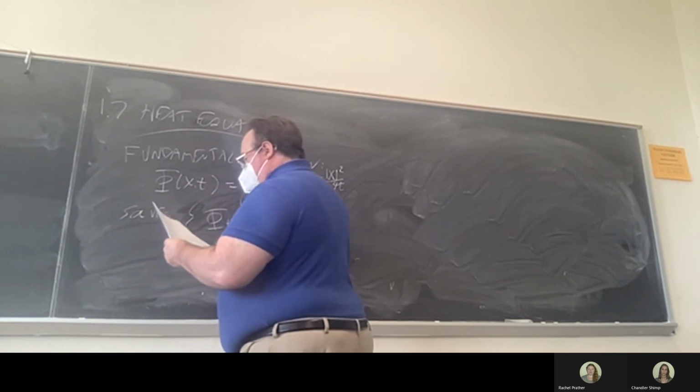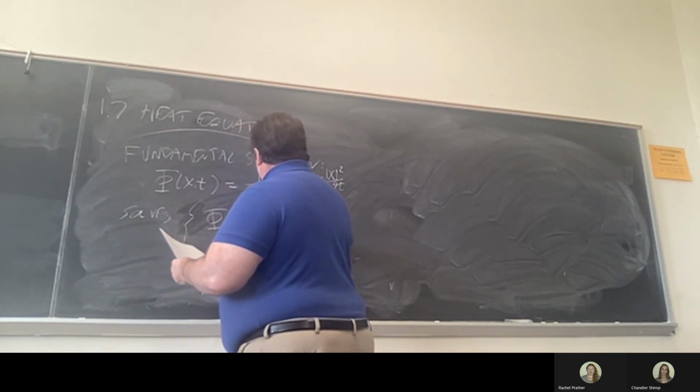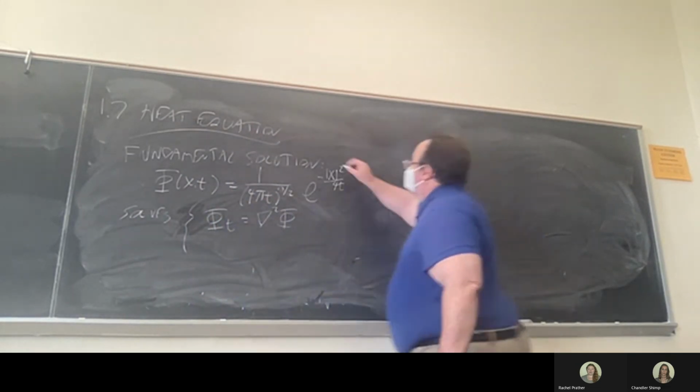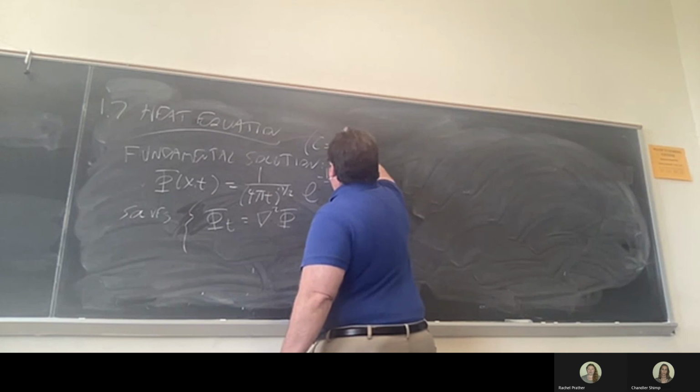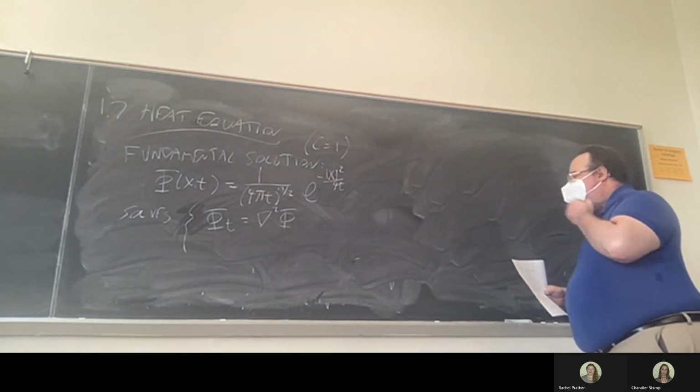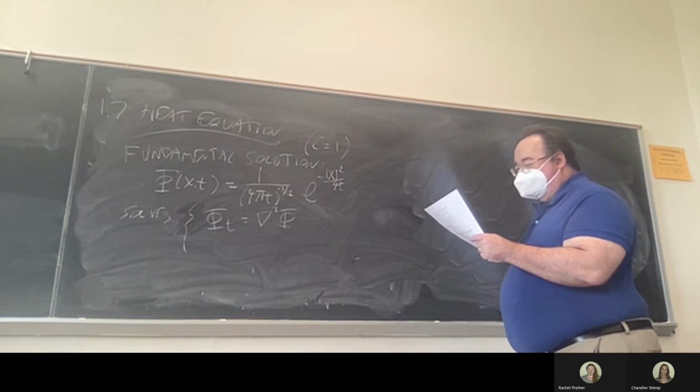Phi t is equal to, okay, here I've simplified things to make a change of variable, where this constant c is equal to 1, just to declutter things a bit.